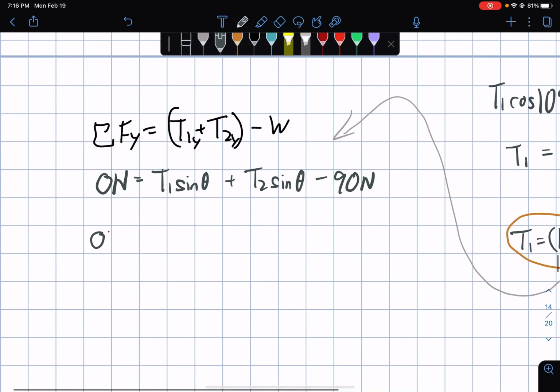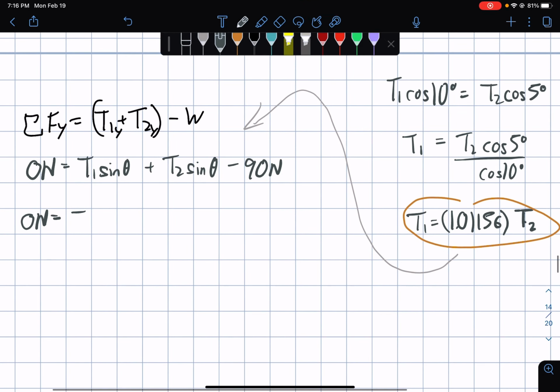So 0 newtons is equal to T1. T1, as we know it, it's this. 1.01156 T2, and then sine.